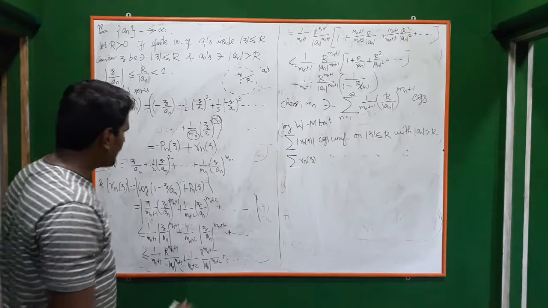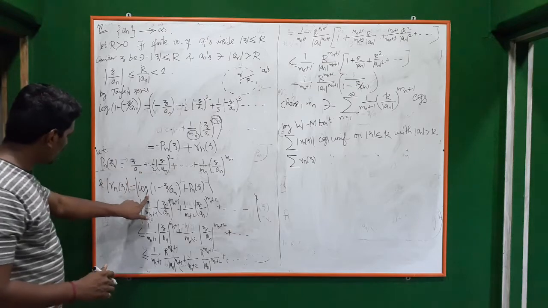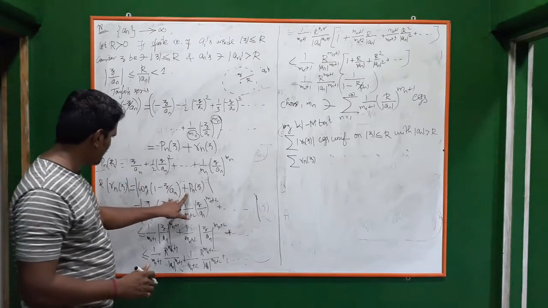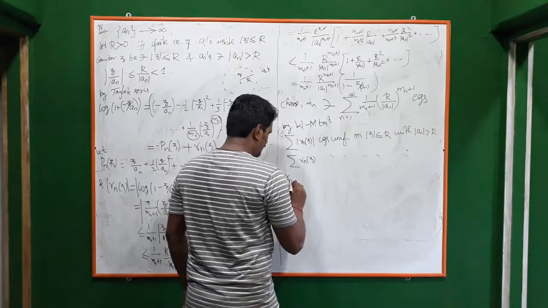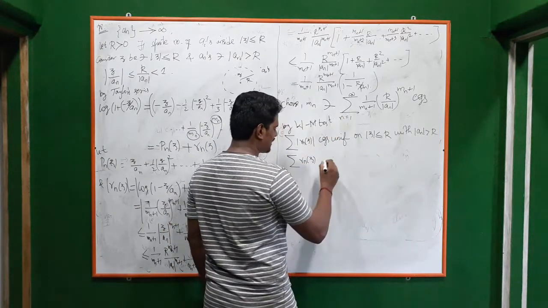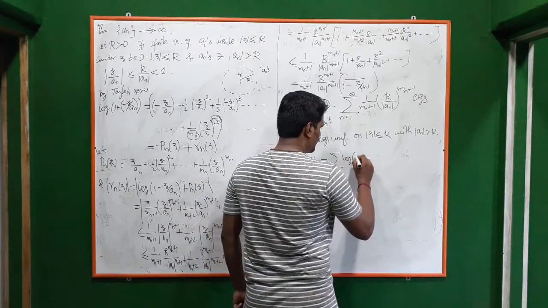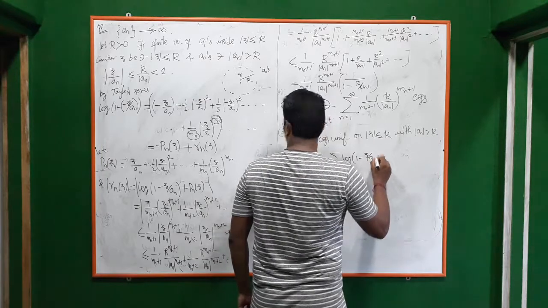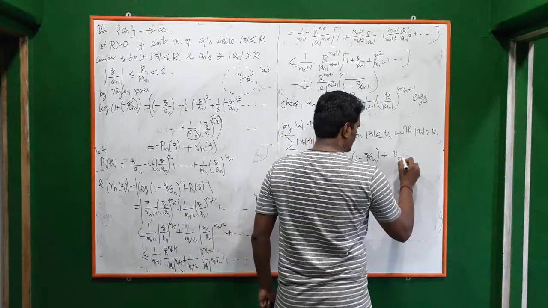Okay. Now, what is Rn of z? Actual Rn of z is log 1 minus z by an plus Pn of z. Correct. So summation Rn of z will be, I'll write here, summation log 1 minus z by an plus Pn of z.